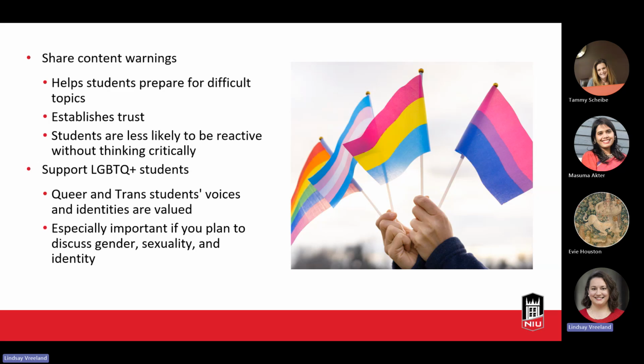And then I'll also say that in order to create an inclusive environment, we want to make sure that we're supporting our LGBTQ plus students. So we are thinking about queer and trans students and their identities. So if we're talking about what families look like, we're not assuming that all of the families are heterosexual. We're not assuming that everybody in our class is cisgender or heterosexual.